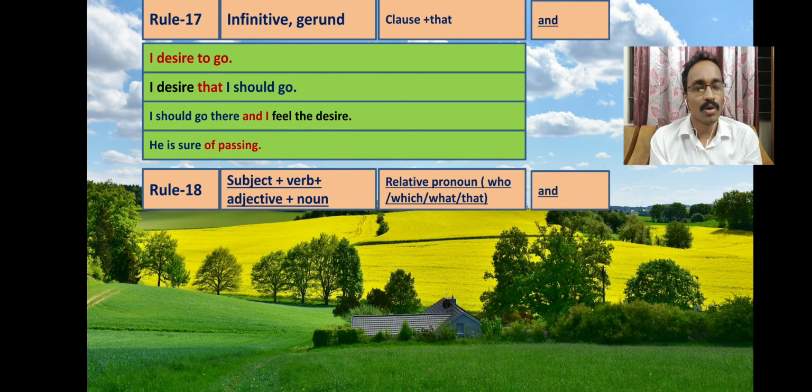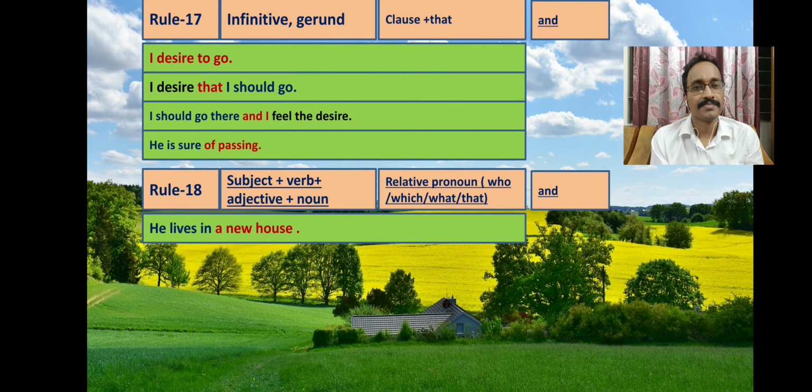And to make it a compound sentence, we will use and. See, he lives in a new house. Here he is the subject, lives is the verb, new is the adjective, and house is the noun. So here we get the sentence according to the structure given above.